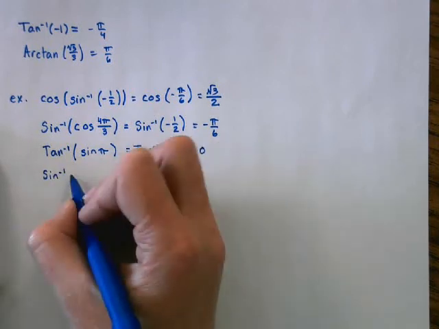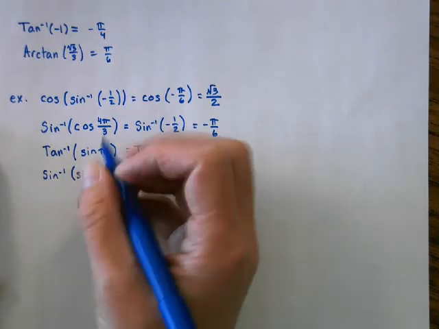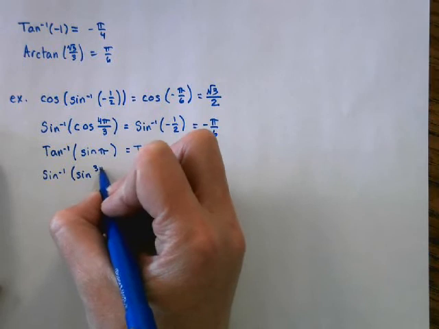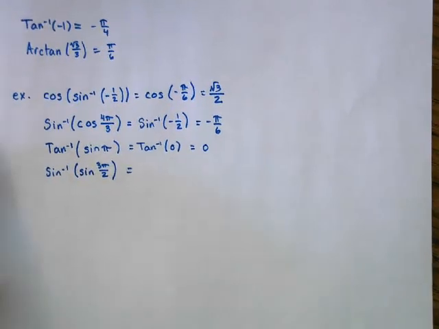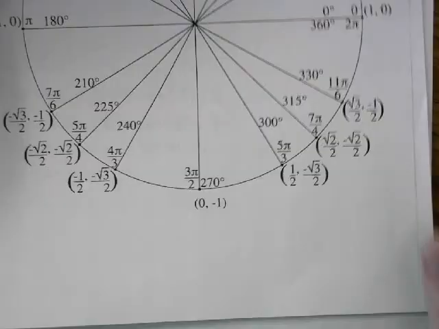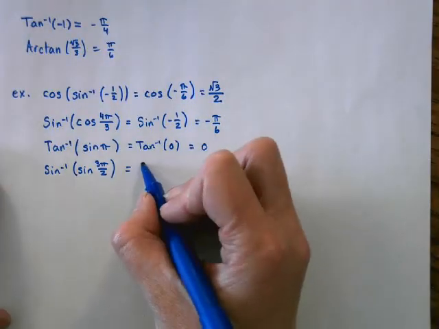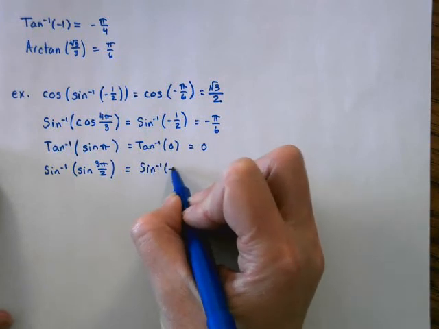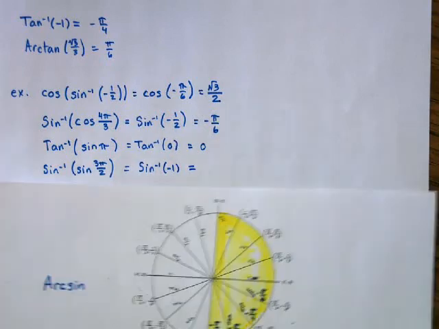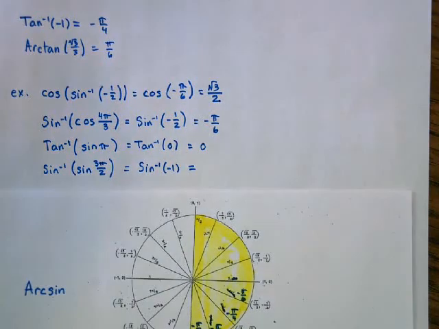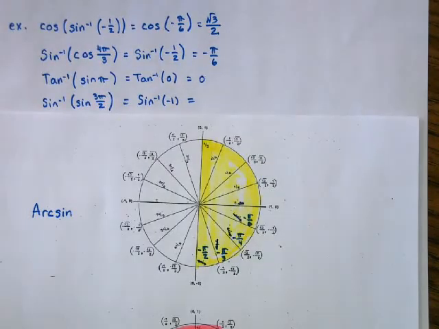So next one, we'll do sine inverse of the sine of 3 pi over 2. On our big unit circle, we find 3 pi over 2 and find the y value there, which is negative 1. Now we go to the little unit circle and find where the y value is negative 1.